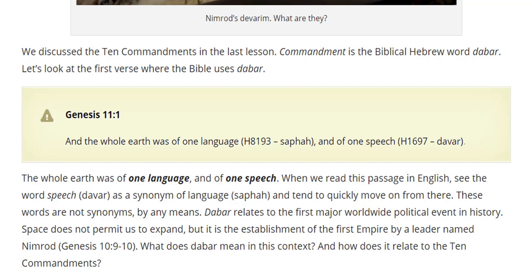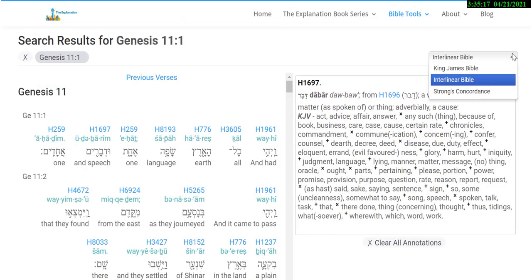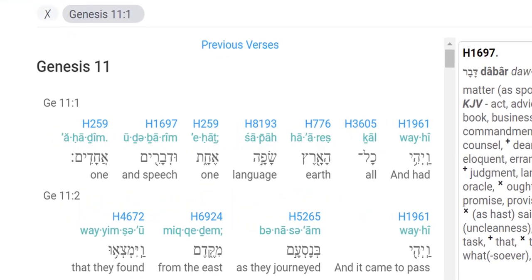What does dabar mean in this context, and how does it relate to the 10 Commandments we discussed in the last lesson? At unlockbiblemeaning.com, switch to the Interlinear Bible or Strong's Concordance view.